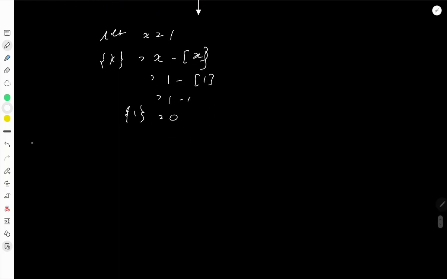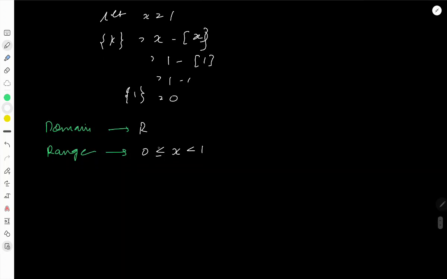And now let us discuss the domain and range. The domain is all real numbers, and the range is 0 up to a number less than 1.